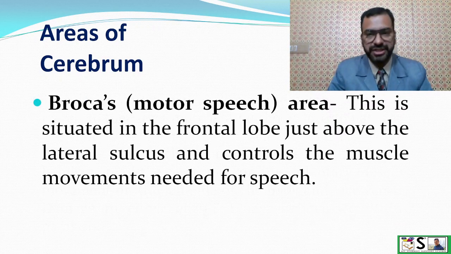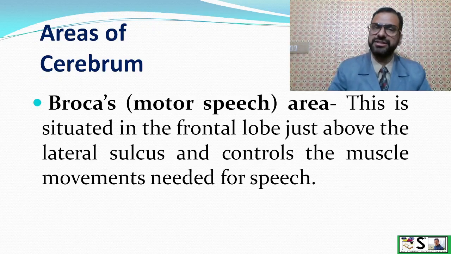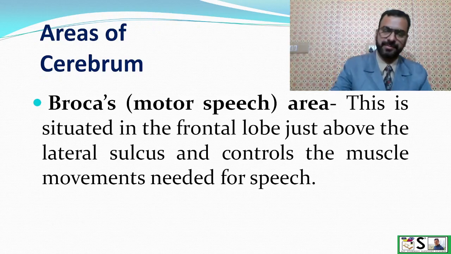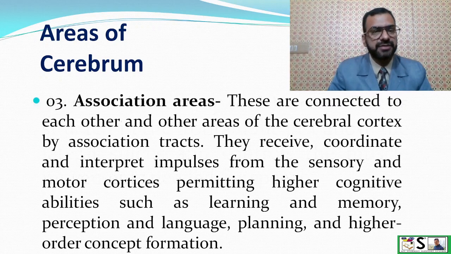Broca's motor speech area. This is situated in the frontal lobe just above the lateral sulcus and controls the muscle movement needed for speech. Then third one is association areas. These are connected to each other and other areas of cerebral cortex by association tracts.